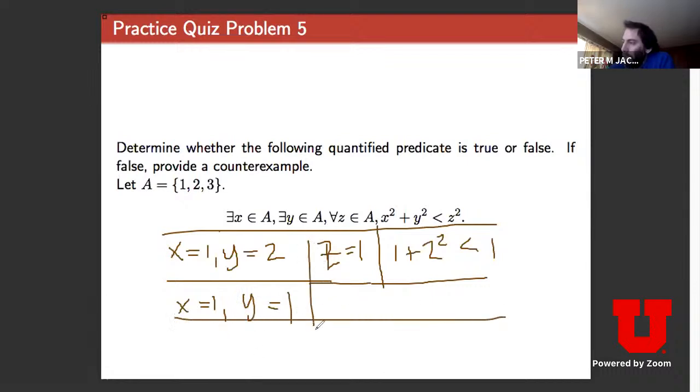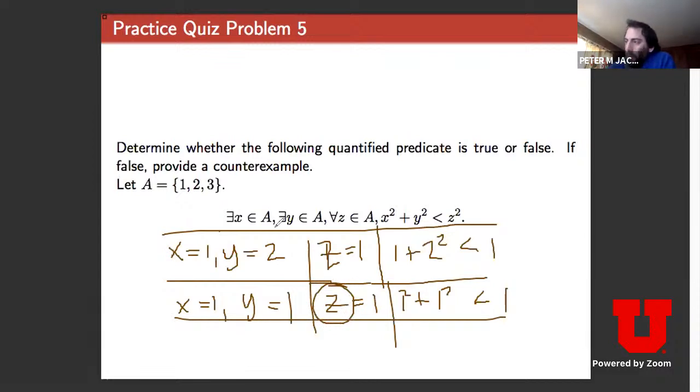We try z equals 1, and x squared plus y squared would be 1 squared plus 1 squared. Is that smaller than 1? No, it's not. So again, z equals 1 is causing problems. Now we just tried the smallest possible sum of squares, using x equal to 1 and y equal to 1. So this is telling us that maybe z equals 1 provides a counterexample.